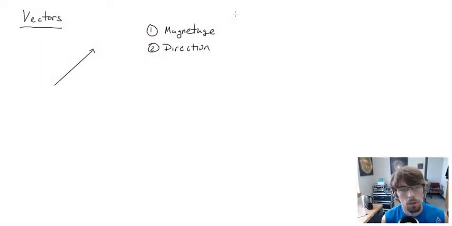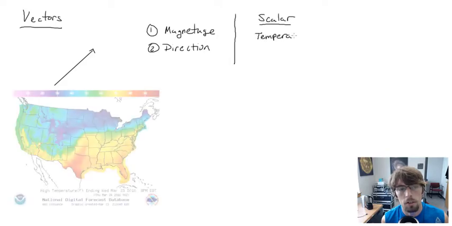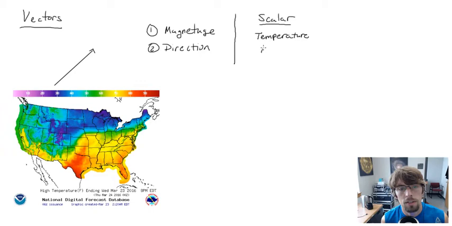You hopefully see already how this differs from some of your other numbers that you've dealt with before. If you just need a number, that's what we call a scalar. Things like temperature or mass are scalars. There's one number, there's no direction associated with them, that's it. Whereas if you're after some vectors, then you have things like force.